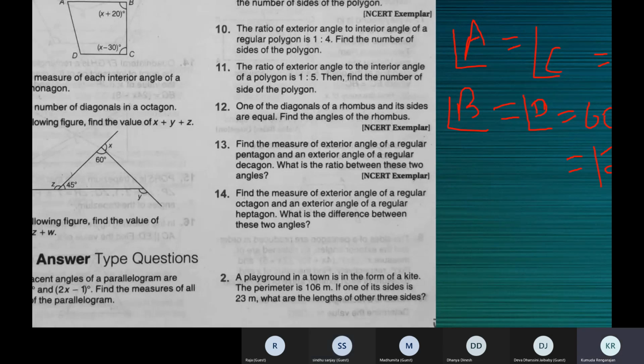And how do you find the measure of each exterior angle of a regular heptagon? 360 by 7, ma'am. So how do you find the difference between these two angles? Write the greater one first. So what is 360 by 7?